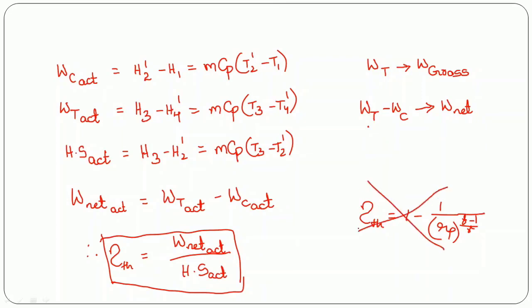So this formula is wrong when isentropic efficiencies are given in the question. So you should use this particular formula in order to determine the thermal efficiency when isentropic efficiency is given.